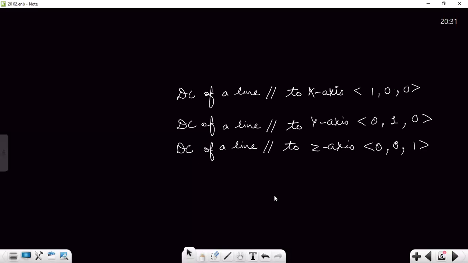So the direction ratios of lines which have the same direction will have the same direction cosines. So that's why the direction cosines of any line which is parallel to the x-axis will be the same.